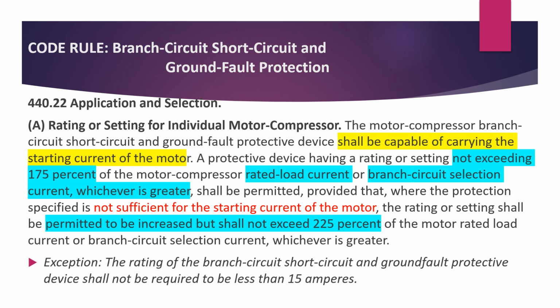So again, you have to multiply that value to either rated load current or branch circuit selection current, so that the amperage of your breaker or your overcurrent protection will be higher, so that your motor compressor will be able to start.